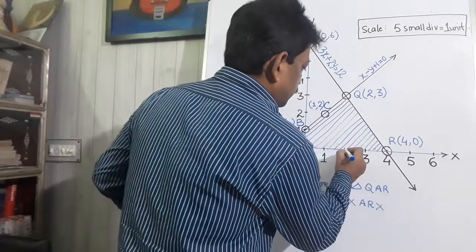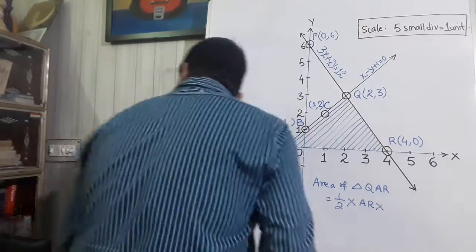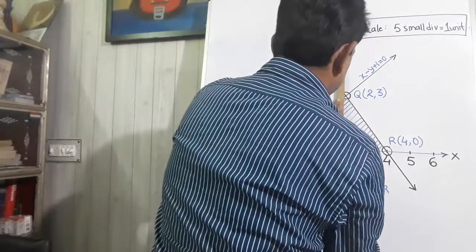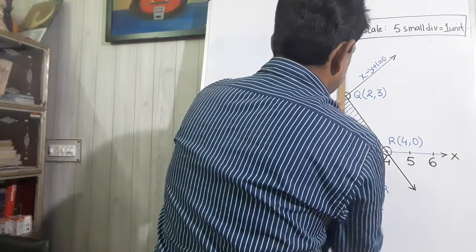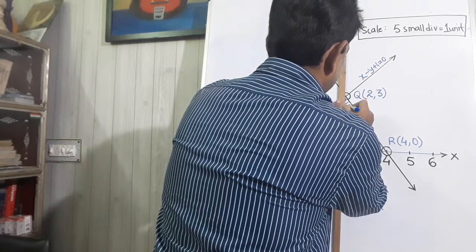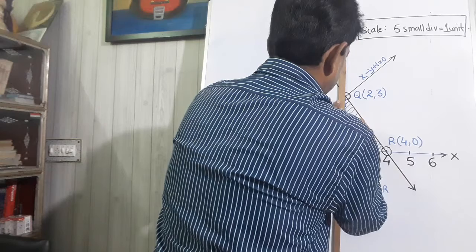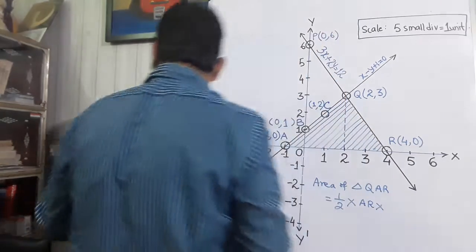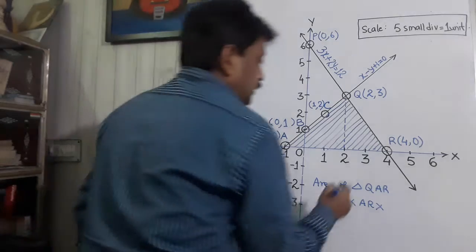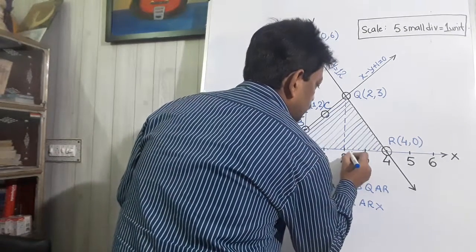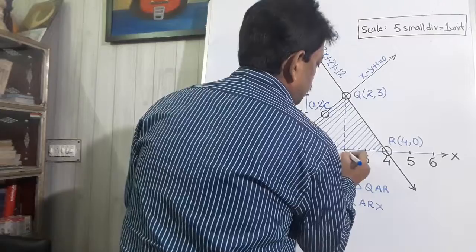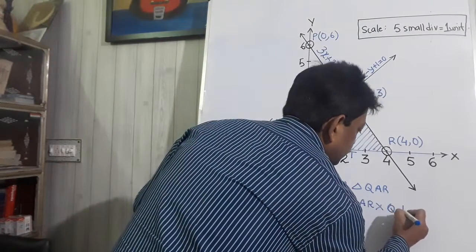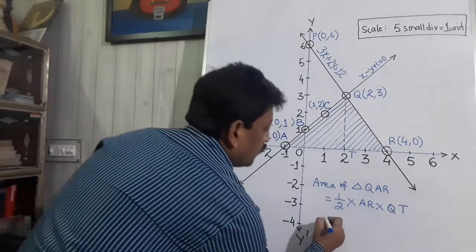The height, let me mark a point here. Let me take a point here, T. This is T. So height is QT. Half.